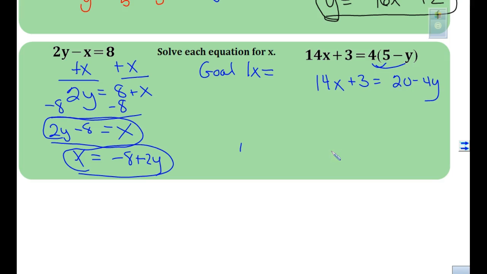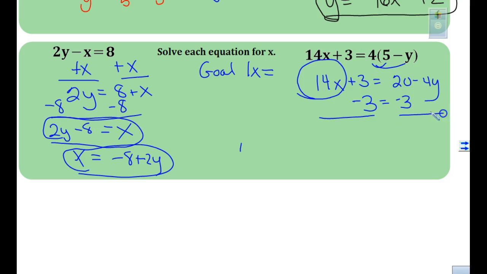Well, I could, but I want to get 14x totally by itself. So if I was trying to get rid of the y, but I want to get this 14x all by itself, I'm going to subtract the 3, right? And I'm going to do it right below 20. Does that make sense? These are like terms.